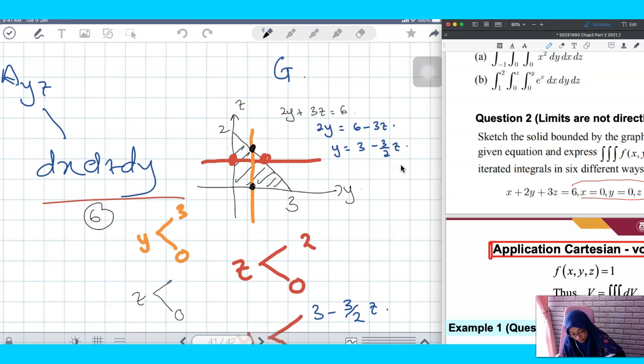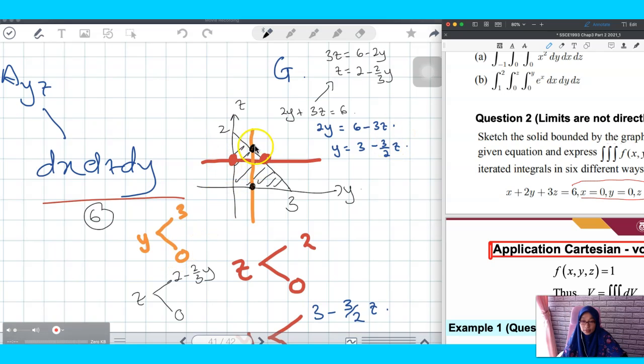So z equals 0, and you have to modify this one. 3z equals 6 minus 2y, z equals 2 minus 2 over 3 y.